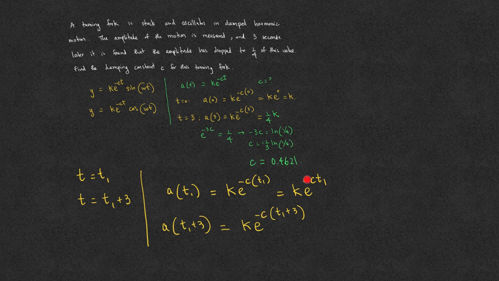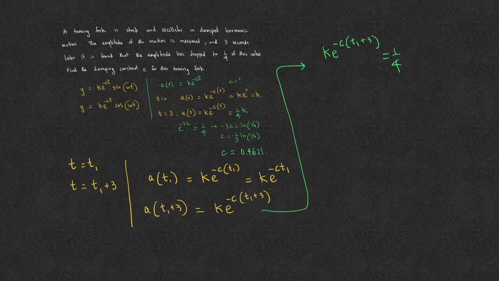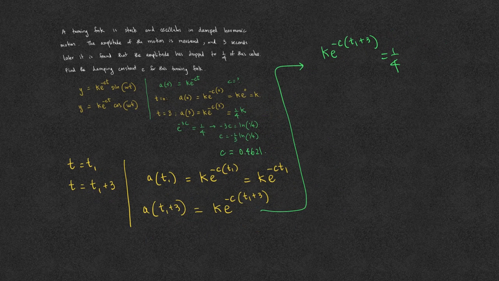In this case, there are so many unknowns here: t1, k, c. But remember, we were told that after 3 seconds, whatever this amplitude is, k e to the negative c times t1 plus 3, it is 1/4 of the amplitude that we measured the first time, which is k e to the negative c t1.